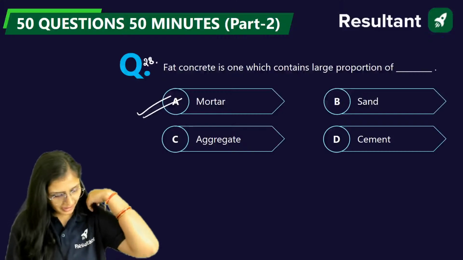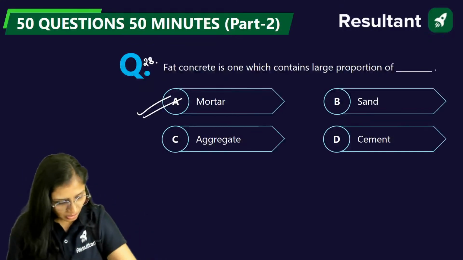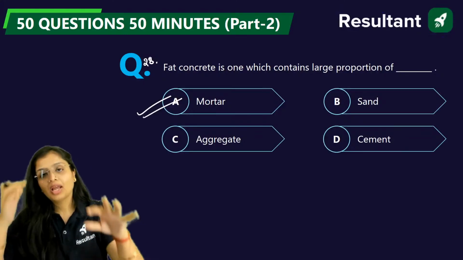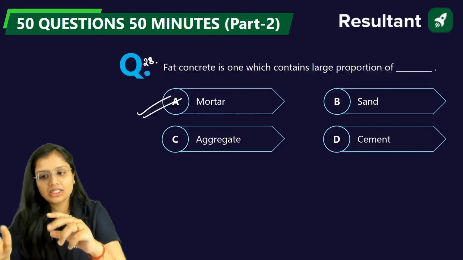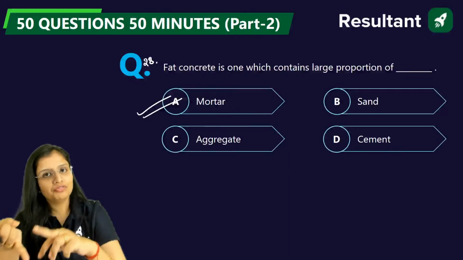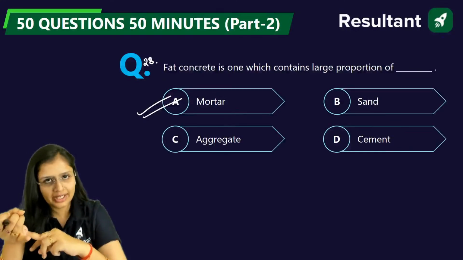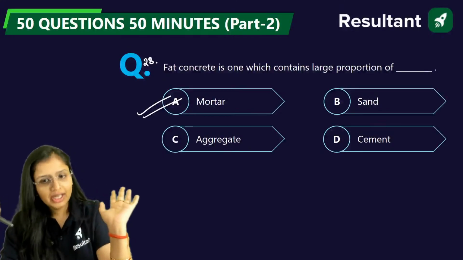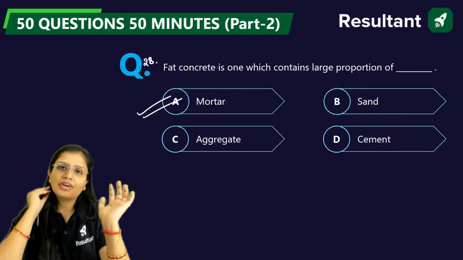Question number 28. Okay, you want me to explain question number 28, Neha? What is concrete? Concrete consists of cement, fine aggregate, coarse aggregate and water. That is concrete. Now you have different types of concrete.